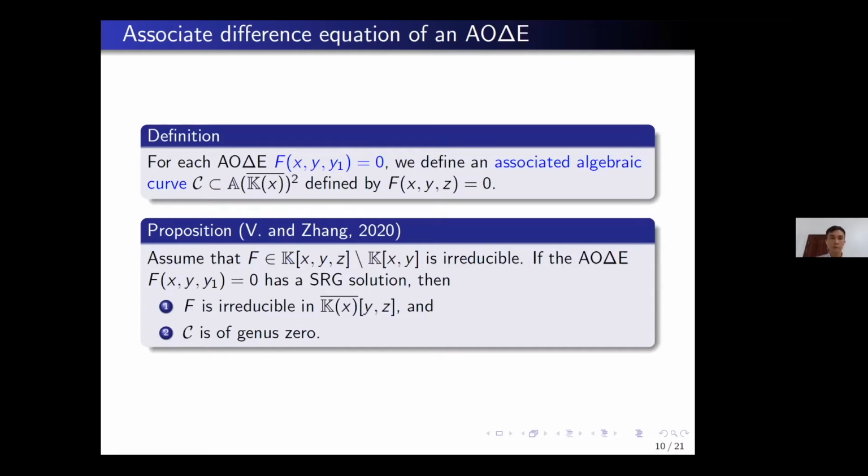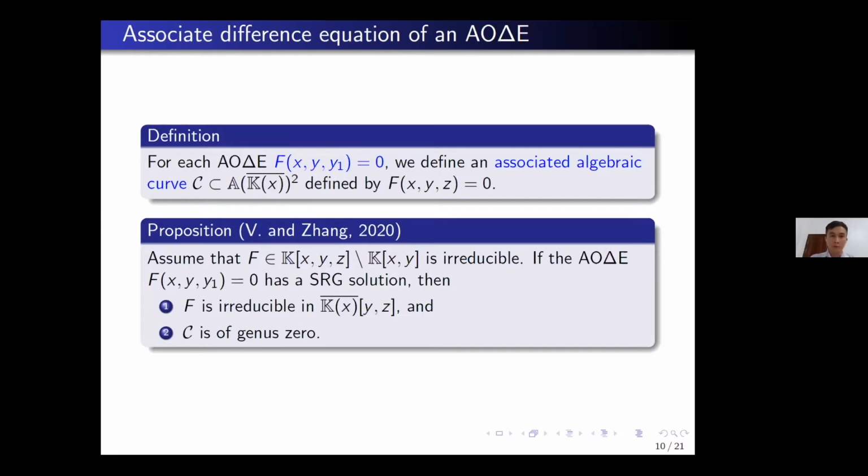Assume that we consider an AODE f(x, y, y1) equal to 0. And in this step, I consider the non-autonomous case. We can consider the autonomous case as a special case of the non-autonomous one when x disappears.